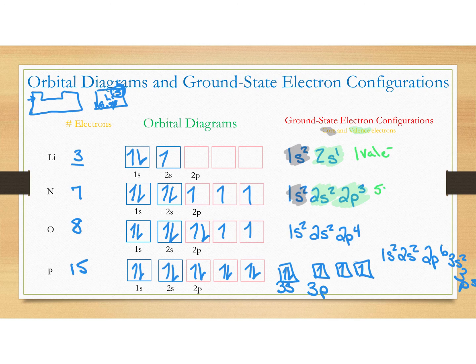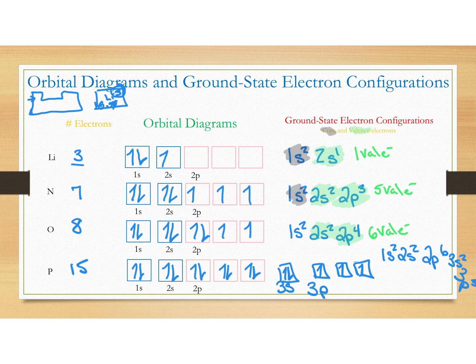I have 5 valence electrons. Let's look at oxygen. Highest energy level is the second energy level. It's in the second period. 2 plus 4 is how many valence electrons? I have 6 valence electrons.